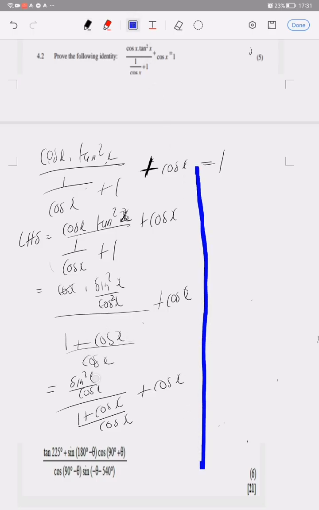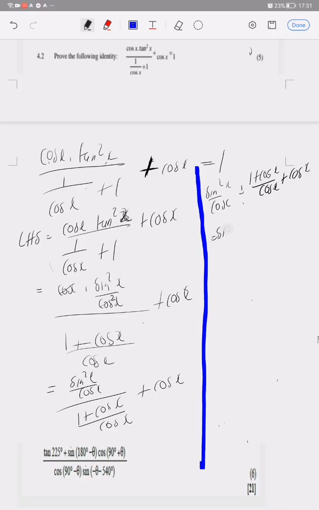All right, so here what can we do? We can just say sine squared x over cos x, divided by 1 plus cos x over cos x, plus a cos x, right?